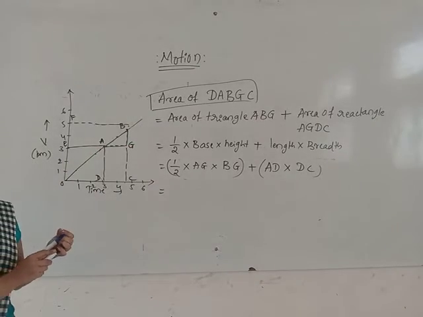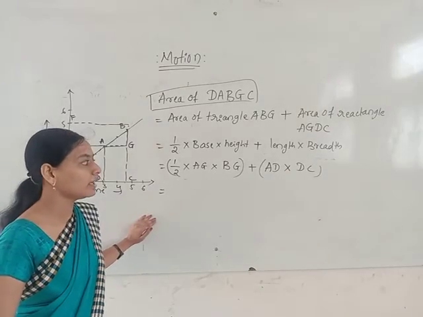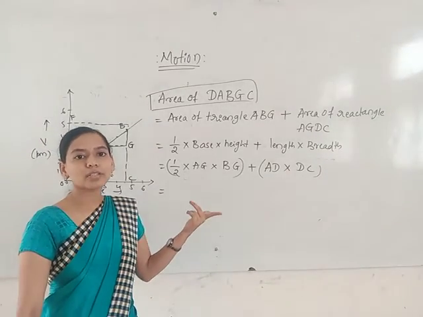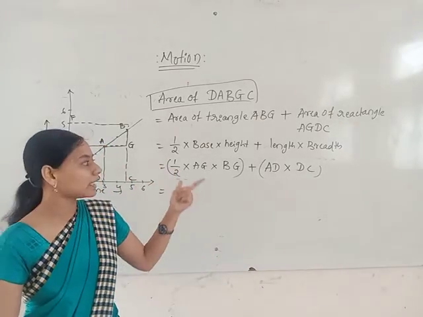Next, after this, all these types of graphs are closed here. The next topic is the equations of motion by graphs. How do we derive the equations by the graphs?